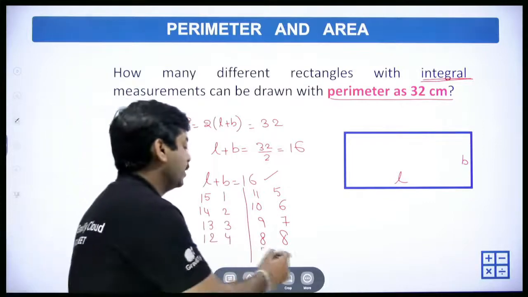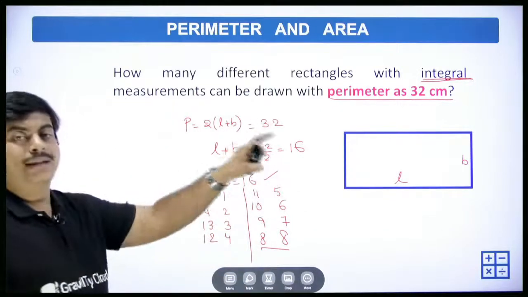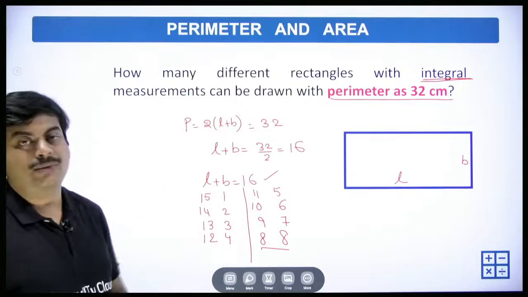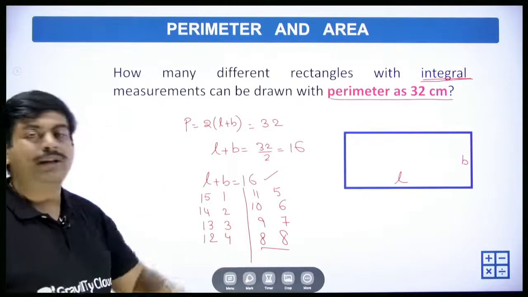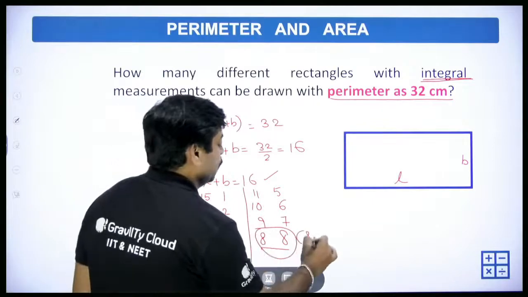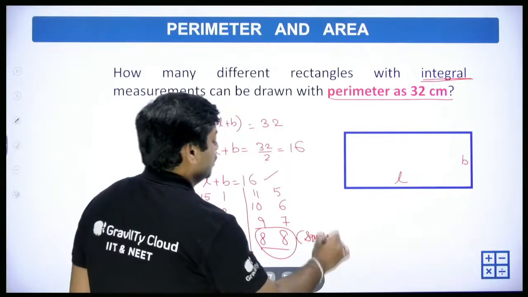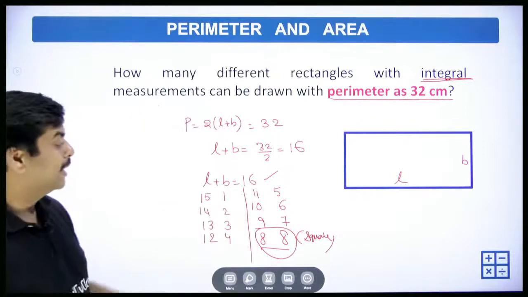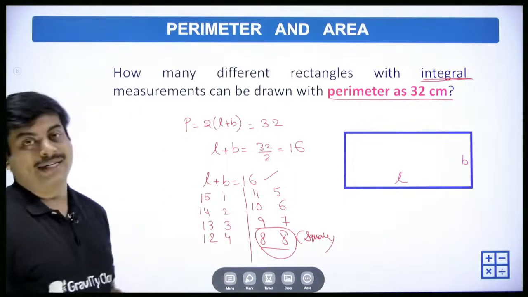This is how we get length and breadth when the perimeter is 32 centimeters. When length and breadth are equal, it is a square, but the remaining cases are proper rectangles.